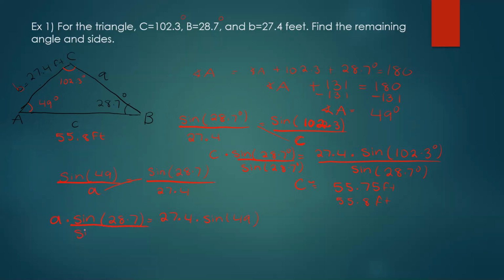Divide by sine of 28.7, and you get a is about 43.06 feet. So I guess we'll round it to 1 decimal, so 43.1.